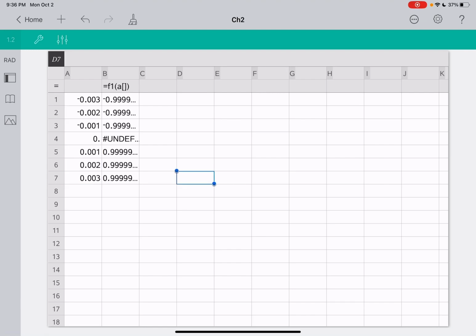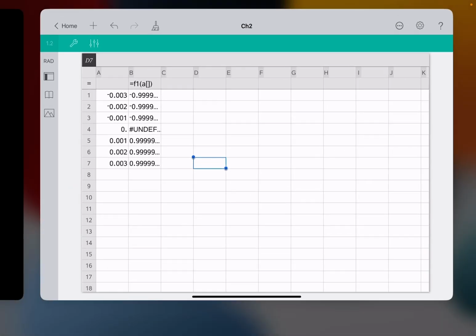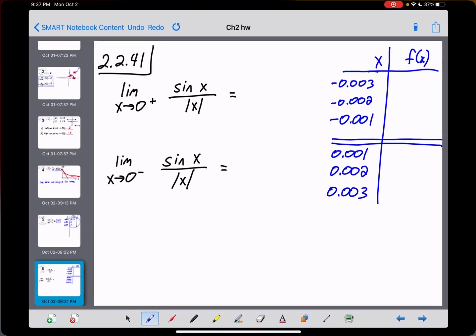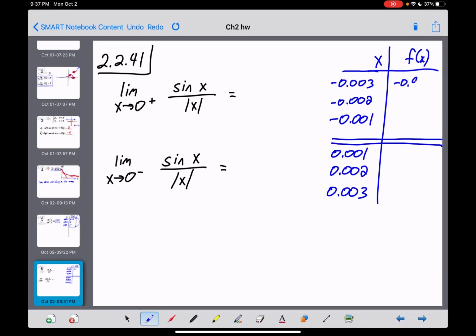And what do we see from the table right now? I've got some negative 0.999s on the top and then positives down on the bottom. So negative 0.999, and same thing right over here, and then on the bottom it's going to be positive. So I think this tells us what we need for our answer, because that table seems to be converging.